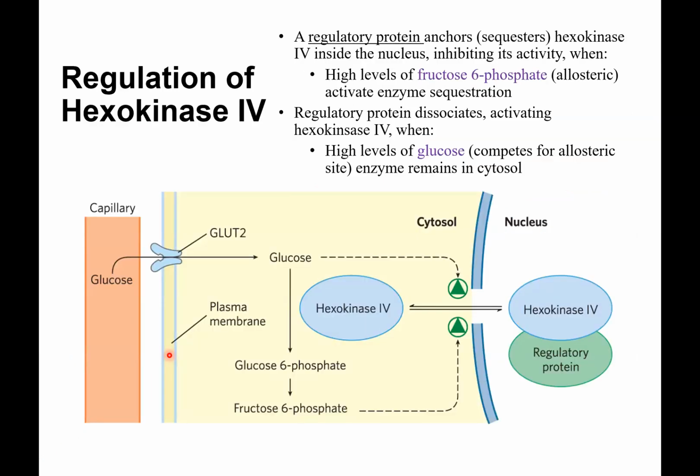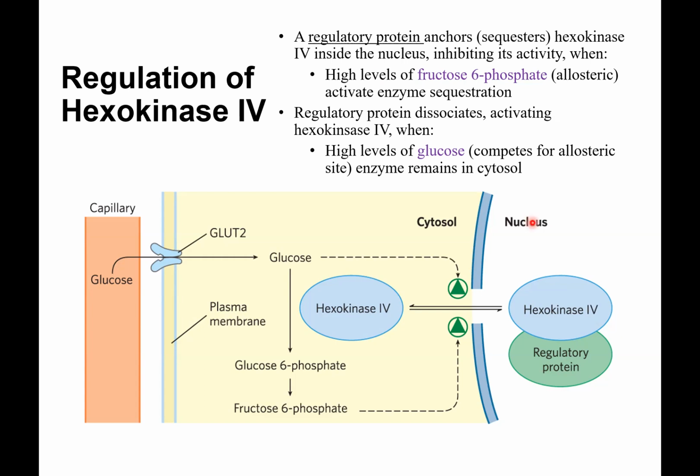So there is a regulatory mechanism for hexokinase 4 that is a bit different from the mechanisms that we've looked at previously for regulating the activity of hexokinase 4. There is an actual regulatory protein that binds to hexokinase 4. And when this happens, hexokinase 4 with the regulatory protein gets sequestered here in the nucleus.